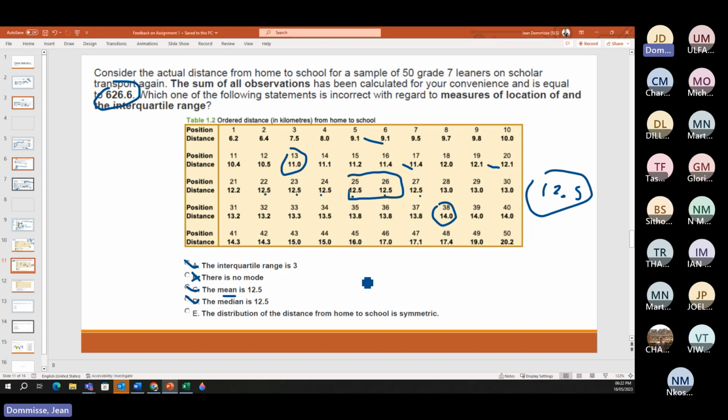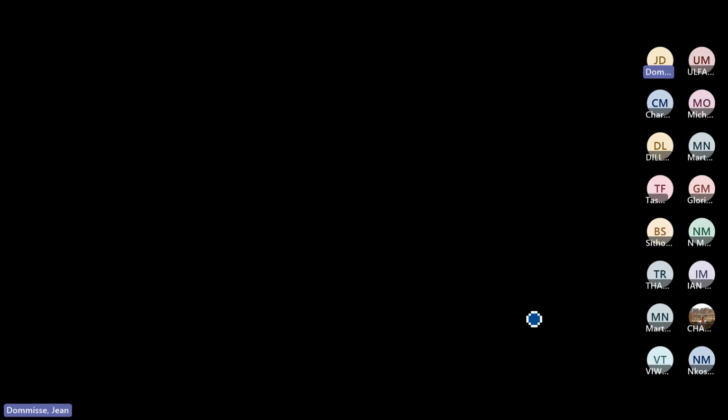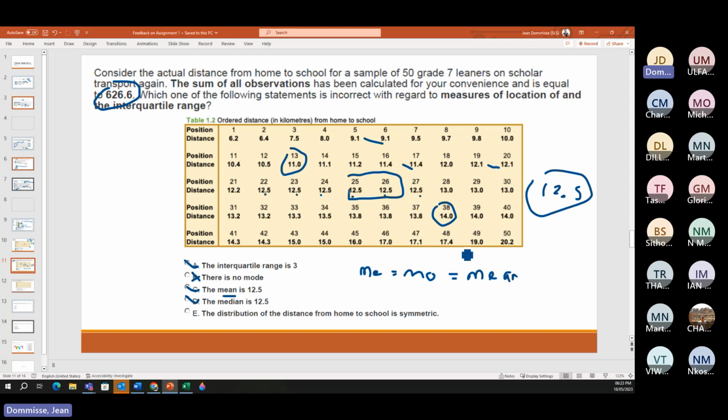So in this instance, the median, the mode, and the mean is all the same number. So if median, mean and mode are all the same, we actually have something that is symmetrical. So the third or the last option will also be correct because the distribution of the distance from home to school is symmetrical.